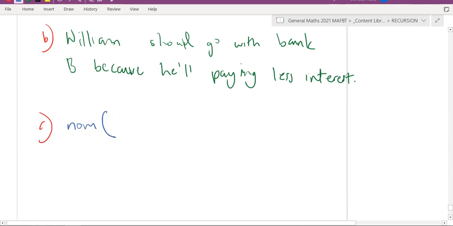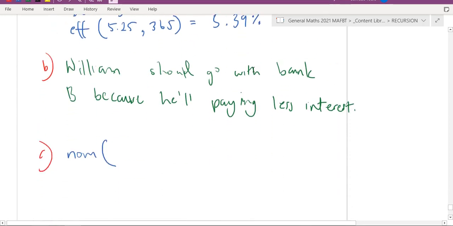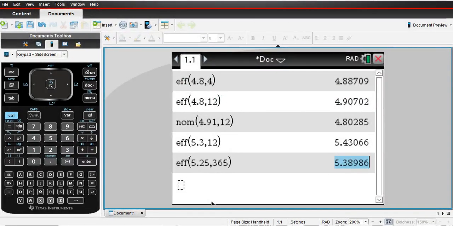Nominal. Okay, and we want the effective rate to be 5.43. So this is for Bank B, yeah? We want his effective rate to be 5.43. Still the same number of compounds, so 365. So what is the nominal rate that we need to have?